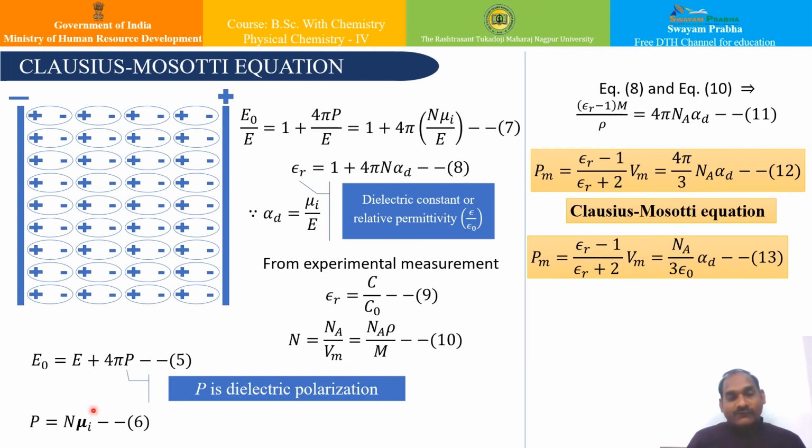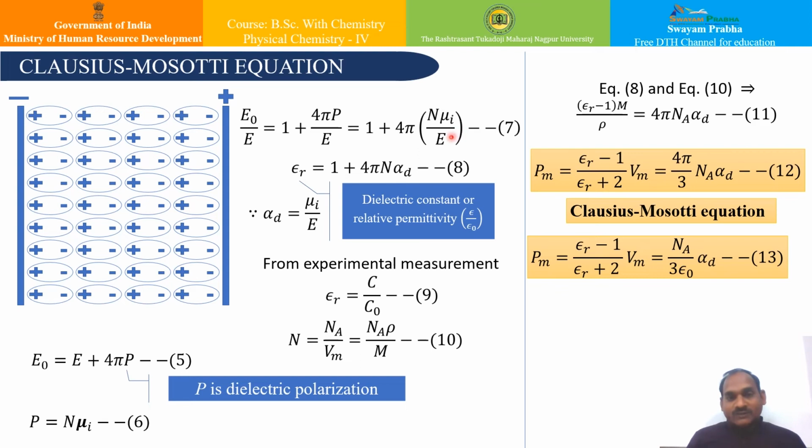So we can further write down equation 7, that is E0 upon E equals 1 plus 4 pi P upon E. If I substitute the relation of P from equation number 6, I get 1 plus 4 pi N mu I upon E, isn't it?